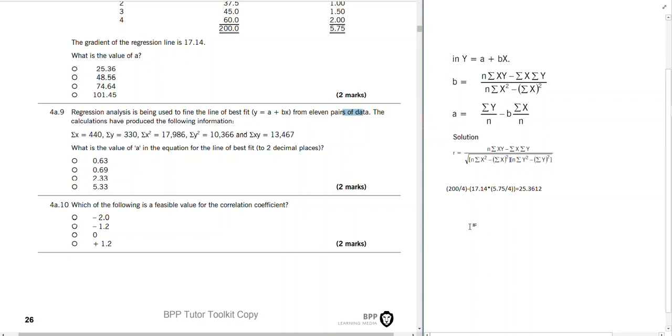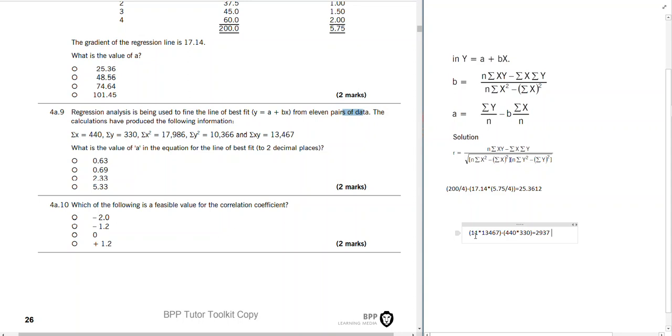So b is pair of data, which is 11, multiplied by sum of x into y, which is the top of this formula. Sum of x into y equals 13,467, minus sum of x into sum of y. Sum of x equals 440, sum of y equals 330. So we have the top bit, which is 2937.